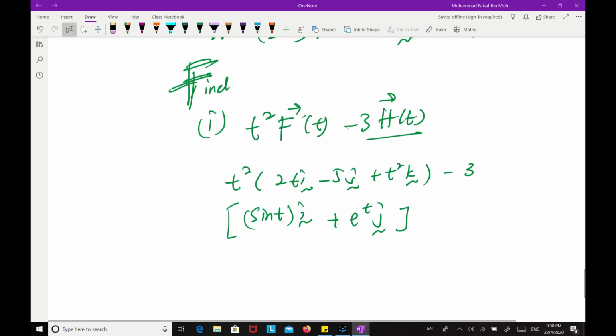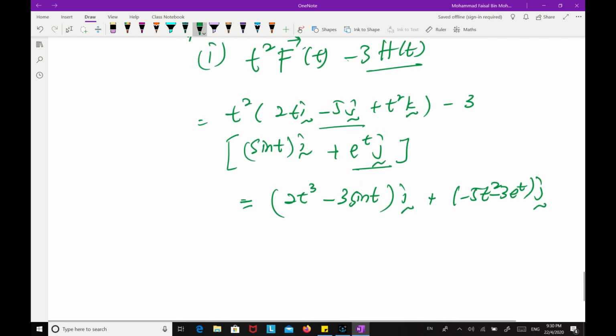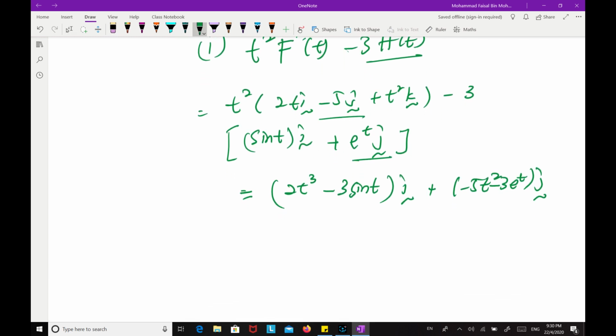So you simplify this, you will get 2t cube minus 3 sine t, i with i, j with j, k with k, and plus minus 5t squared minus 3e^t j, okay, j with j, and then lastly plus t to the power of 4 k.